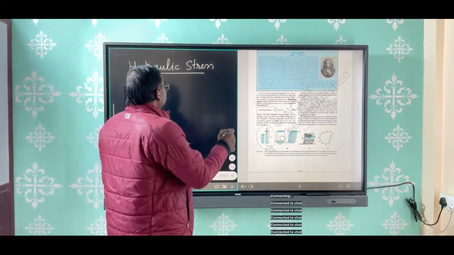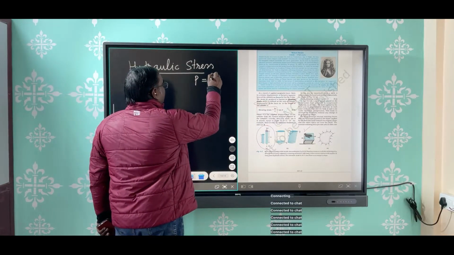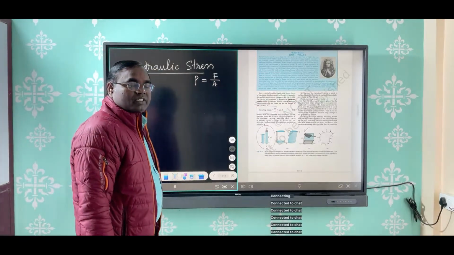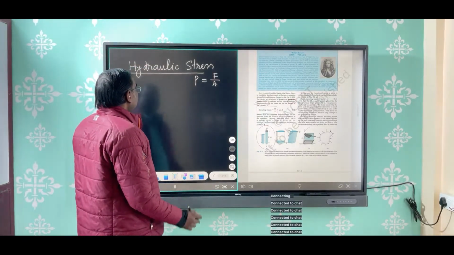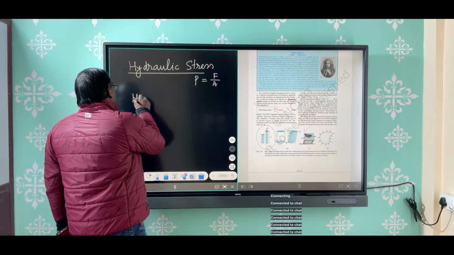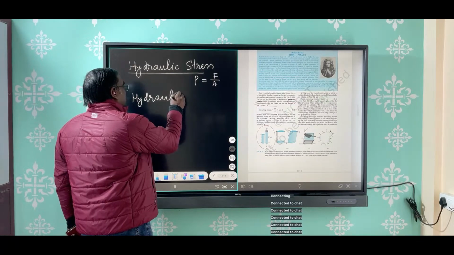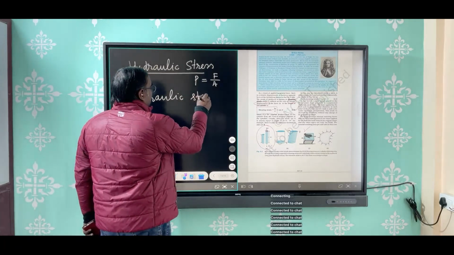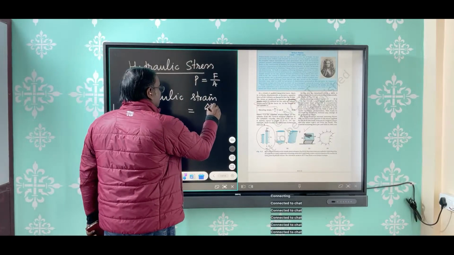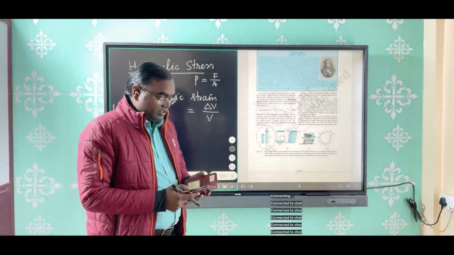So that may be the pressure P or maybe force per unit area, restoring force per unit area, right? And hydraulic strain is equal to change in volume upon initial volume, right?